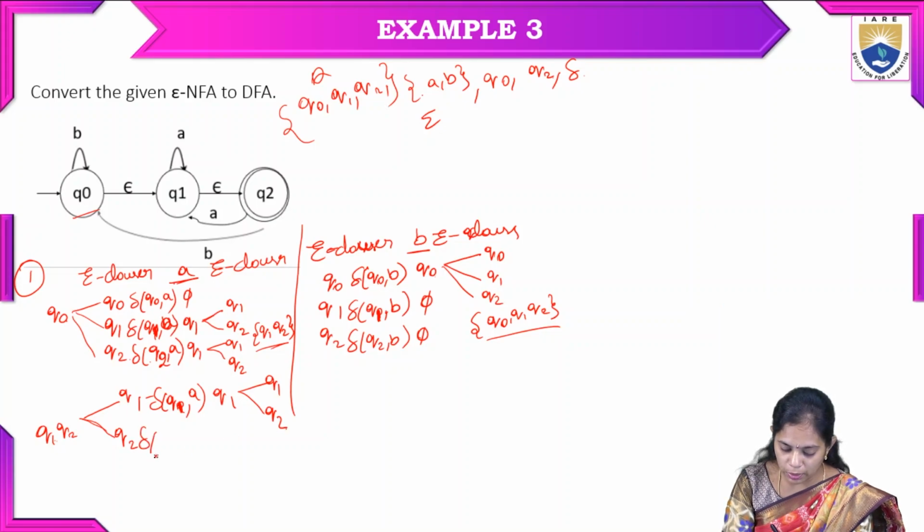And for Q2 epsilon transition, delta of Q2 comma A input, Q2 comma A has the Q1 value, and it is again Q1 Q2.